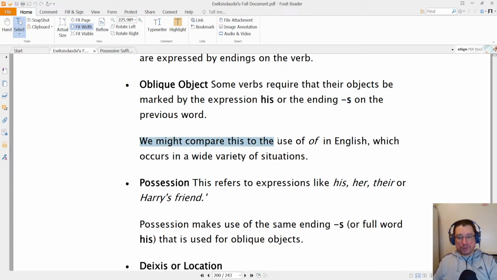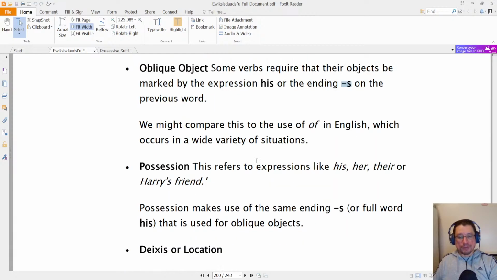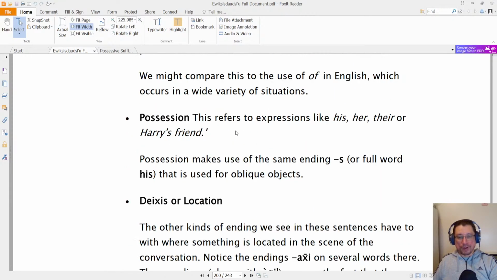And we might compare this to the use of "of" in English, which occurs in a wide variety of situations. So hase or s, when it's reduced to just one letter, means by, of, or about. That's essentially what that word means. It can be used by itself, or it can be reduced down to the letter s and added to a word and used as a suffix.